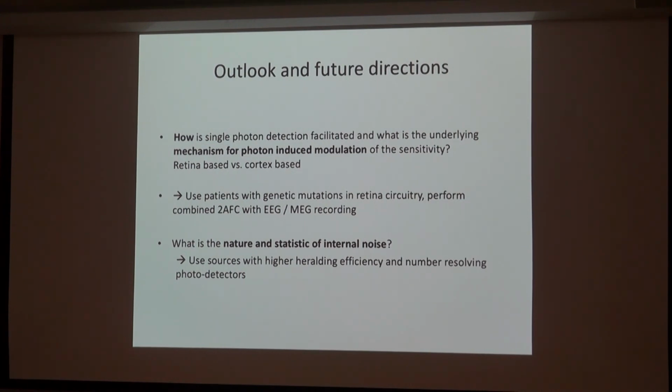What we would like to do is to combine some of these experiments with EEG and MEG recordings that allow us to look at the same time at the states of the cortex of these subjects. And what is the nature of this statistical internal noise? By eliminating the input noise of the system, it allows you to directly access the internal noise of the system, and to better understand what the source of that is and how the biological system facilitates detection on top of the internal noise.